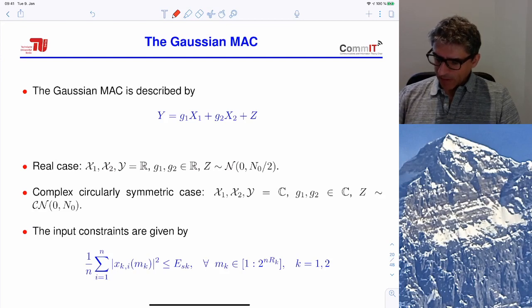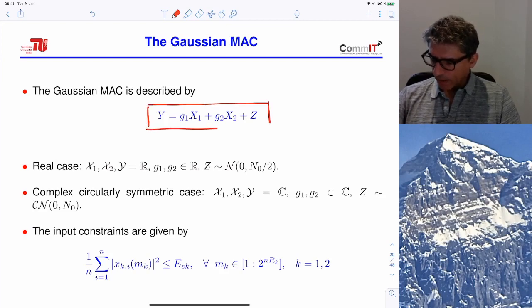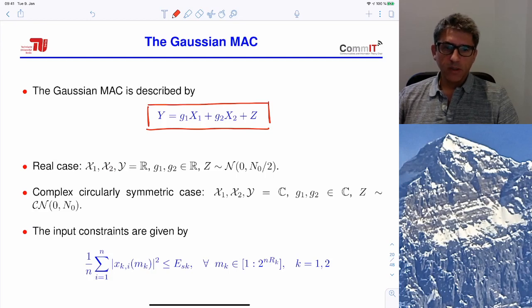The Gaussian case takes on this form where the output Y is simply the sum of the inputs weighted by some channel gain coefficients G1 and G2, plus Gaussian noise.